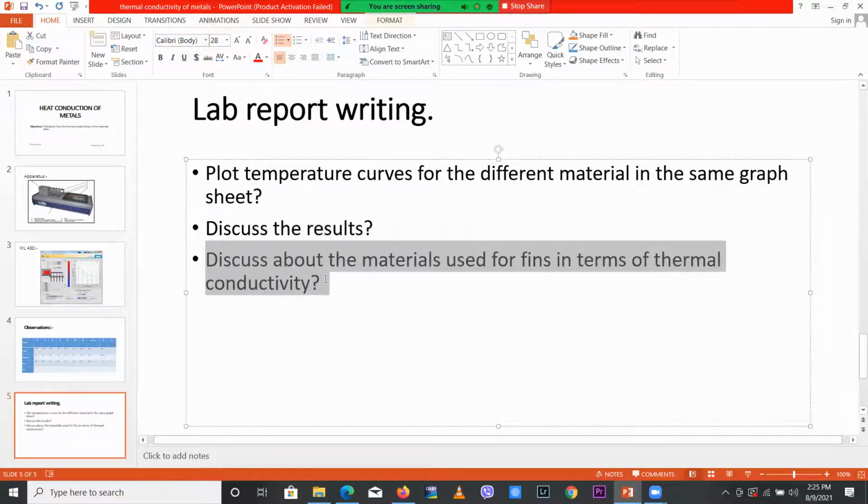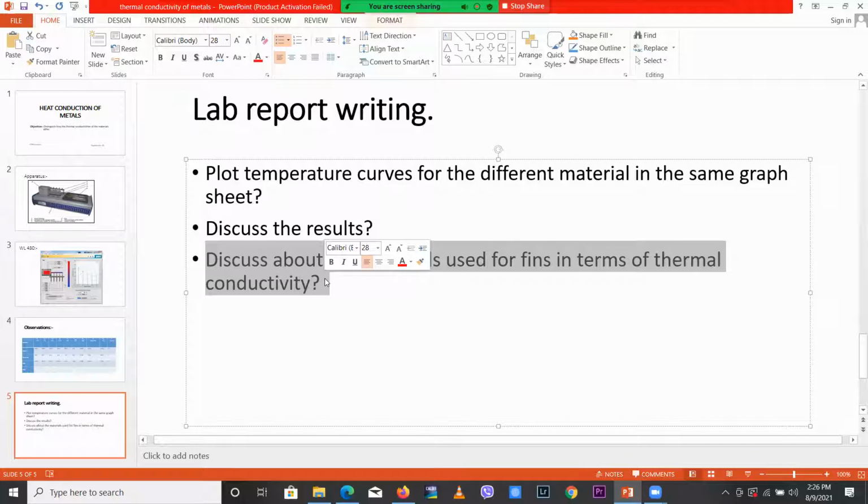And discuss the materials used for fins in terms of thermal conductivity. Fins, and in rockets we also call them seals, are there to prevent heat conduction from the outside of the rocket to the inside. They will use metals which have high thermal resistance. Therefore, heat will not be transferred to the inside of the rocket.